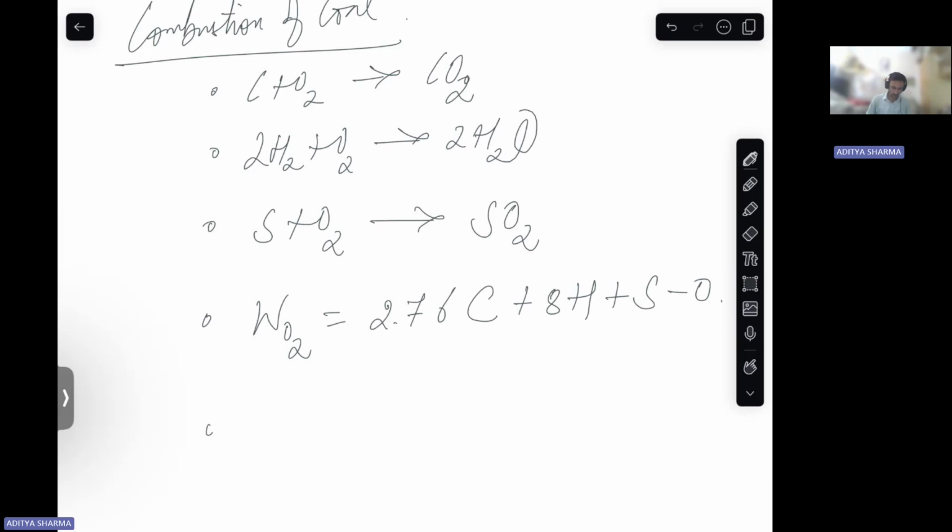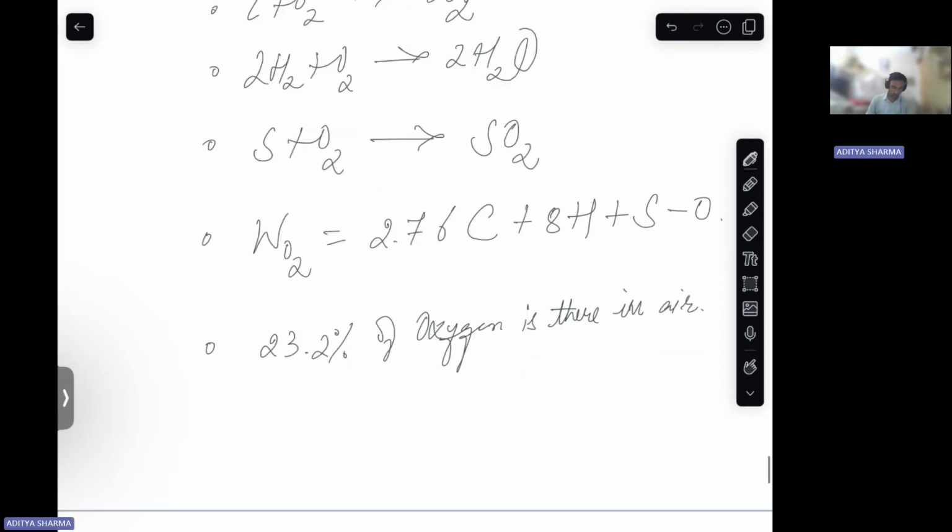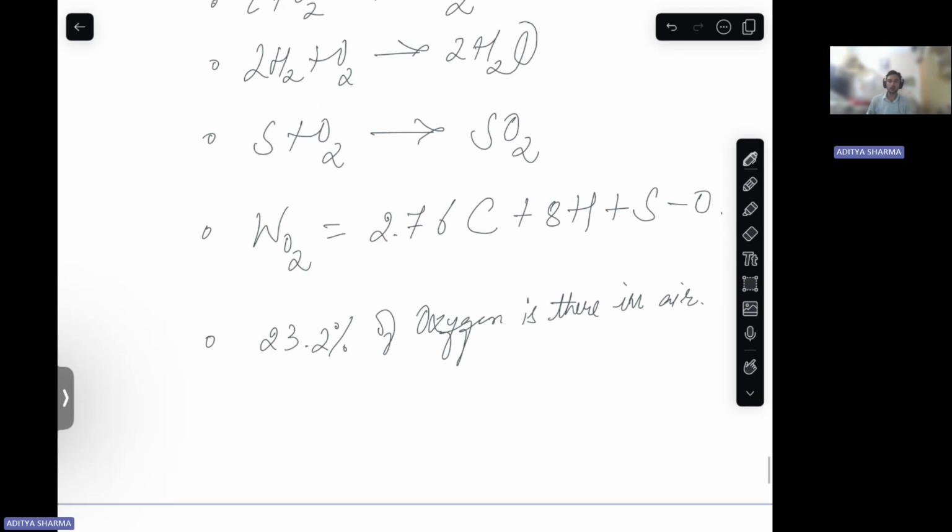Now, because there is 23.2% of oxygen in the air, if we want to talk about the amount of air we require, what I have just written above is the amount of oxygen that is required.